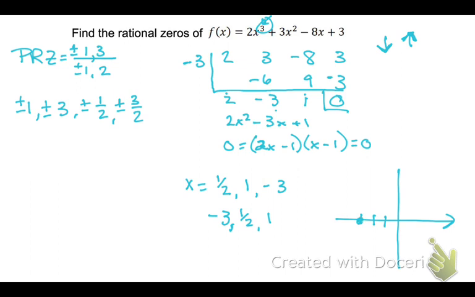So negative 3, 1/2, and 1. Okay, and to figure out how far it goes up and how far it goes down, that's calculus's job. We're worried about the shape, the end behavior, and the zeros.